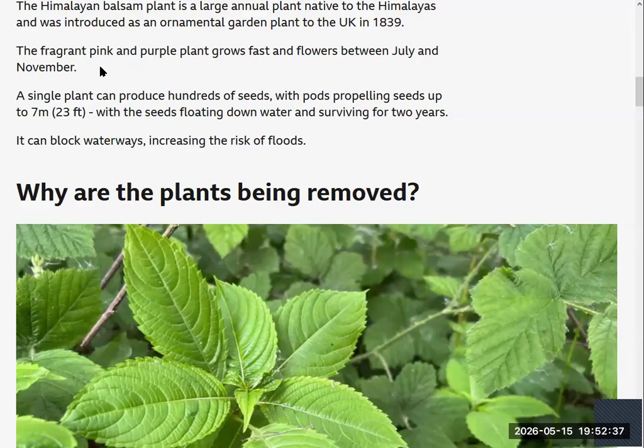It's a little bit confusing, this very short sentence here, because it talks about it being fragrant, and then it says pink and purple, but look down at the photo and it's just green, isn't it? It's about smell and then about color as well.